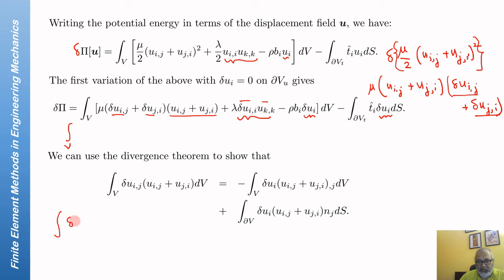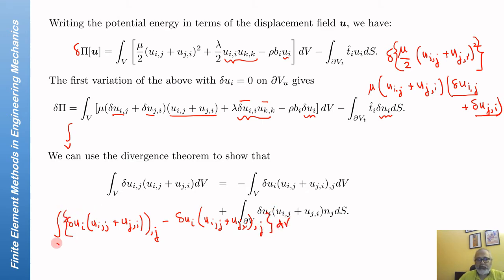So you can write it as del of (ui,j + uj,i) whole derivative with respect to j, minus delta ui, so this term can be written as this term minus this term.